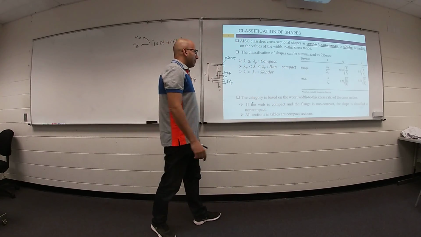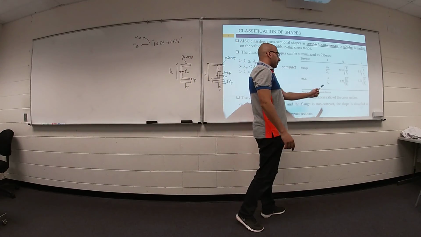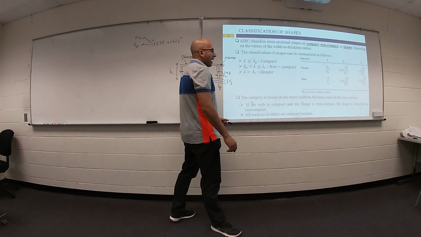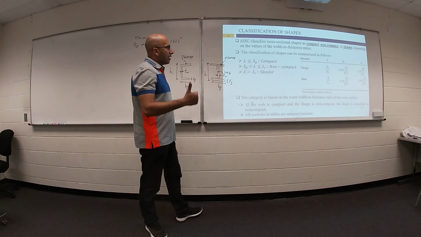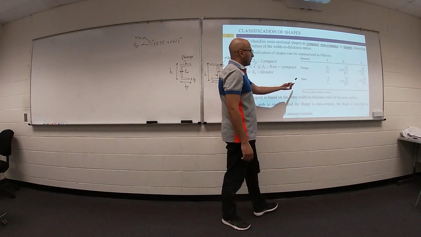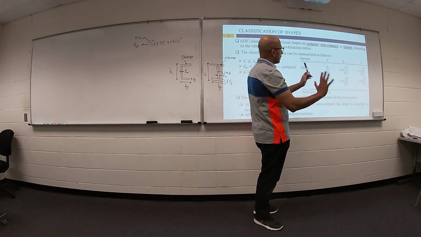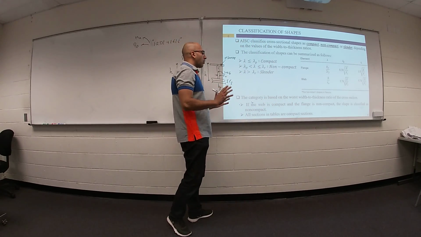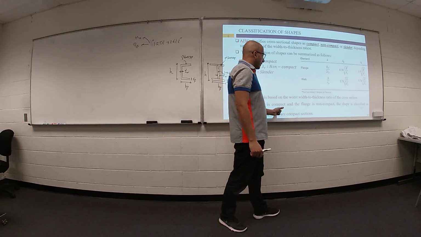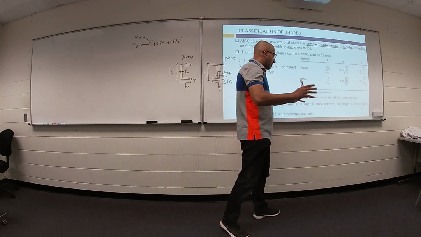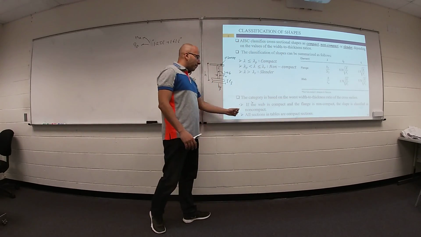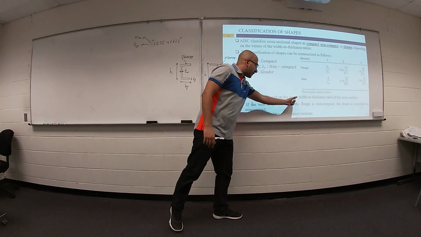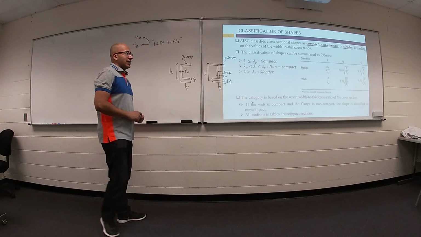The same will be done for the web. Your question last time: if the web is compact and your flange is non-compact, then your cross section finally will be non-compact, based on the worst classification.